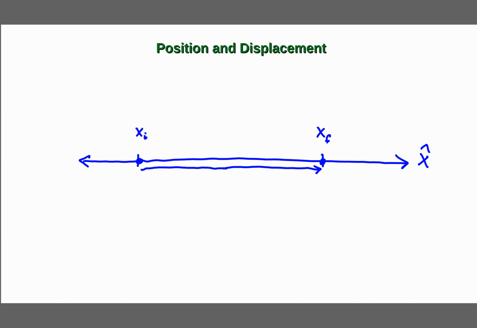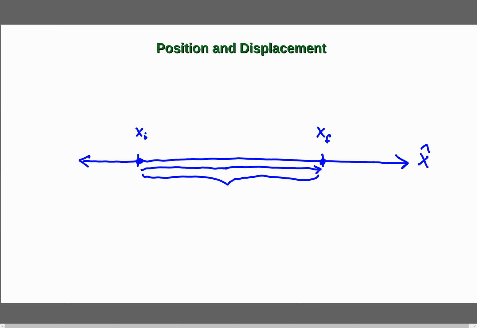And a displacement is a vector describing the motion from initial to final. This vector has a length here that we'll call d for now. And it has a direction, and in this case the direction is in the positive x-hat direction. It moves from left to right.